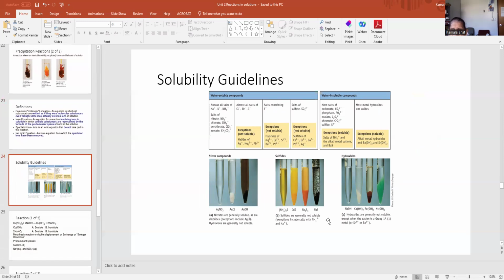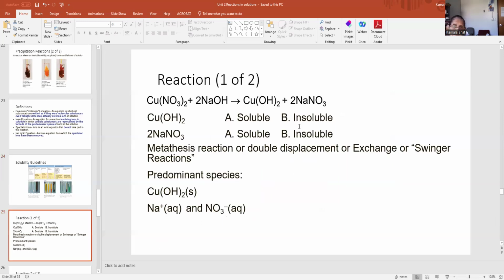And here is another set of guiding rules for solubility and the precipitates of various compounds formed in combination with the same cation and sometimes with different cations. You can see the color forming. Copper nitrate plus 2 sodium hydroxide will give you copper hydroxide plus 2 NaNO3. One of the first things is all sodium salts are water soluble. So now the question you have to see is whether copper hydroxide is soluble or insoluble.